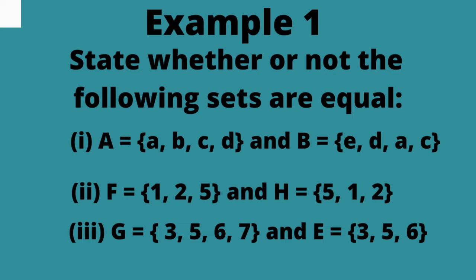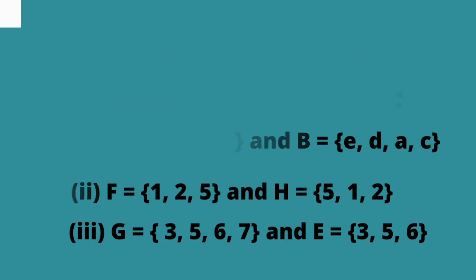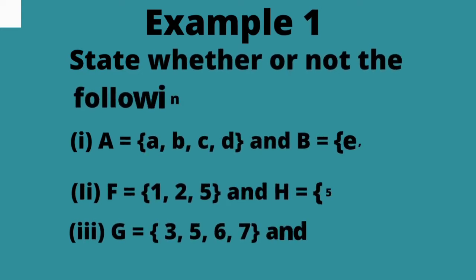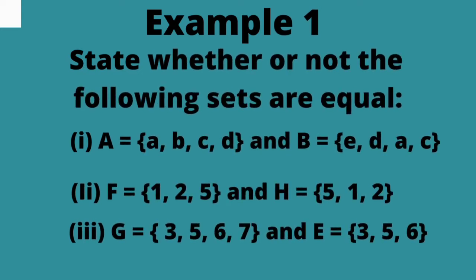The elements in set F are 1, 2, and 5, and the elements in set H are 5, 1, and 2. The elements in set G are 3, 5, 6, and 7, and the elements in set E are 3, 5, and 6.